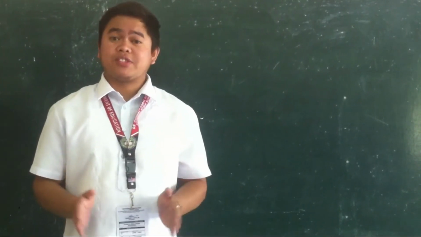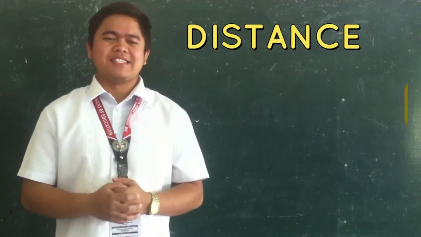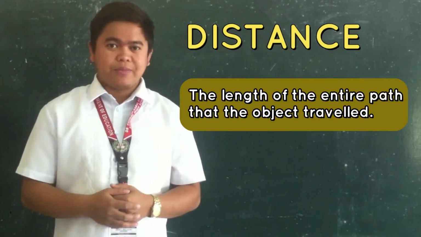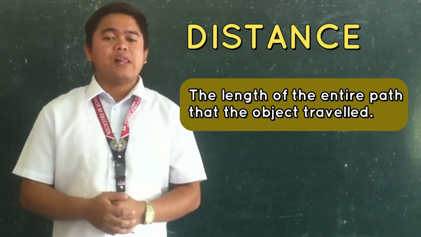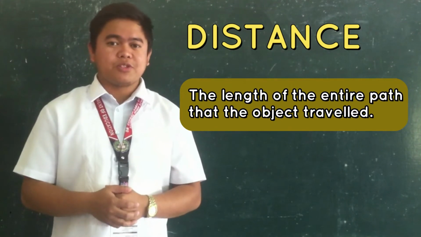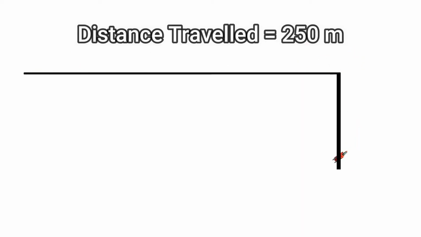The length of the entire path that the object traveled is referred to as distance. Based on the example a while ago, the total length of path is equal to 250 meters. This means that the distance traveled by the car is equal to 250 meters.